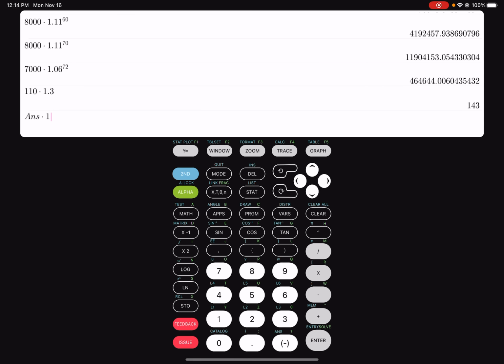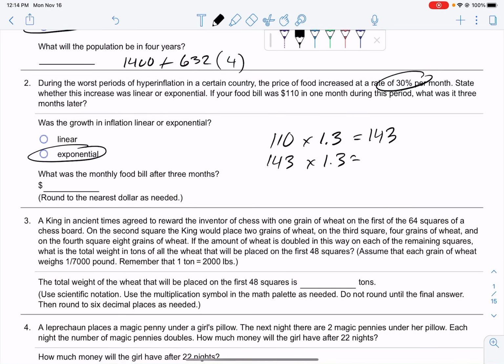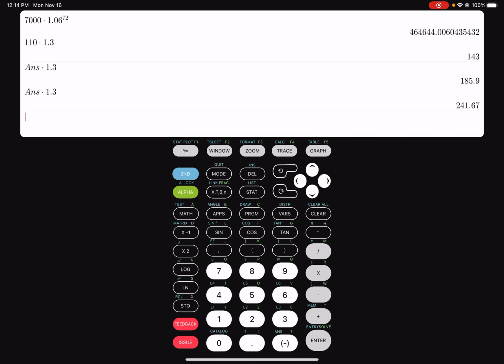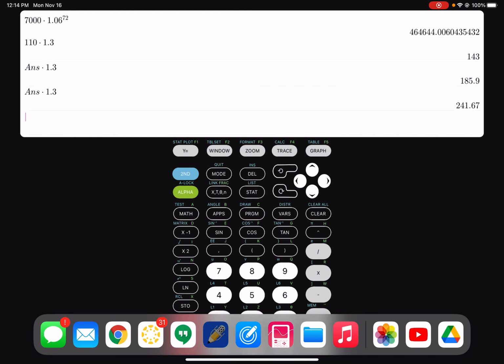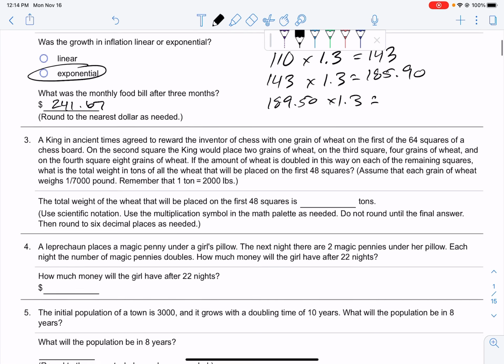So if I go back times by 1.3, I get 185.9, which is $185.90, but I've got to go up one more time. So I'm going to times that by 1.3, and I get $241.67. So your final price is going to be $241.67. You've got to go up by the percentage each month.